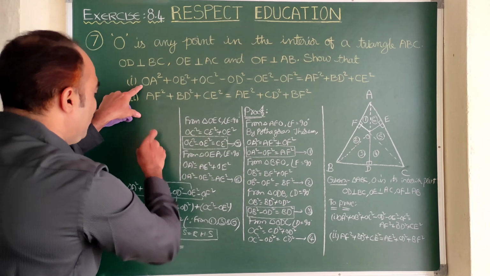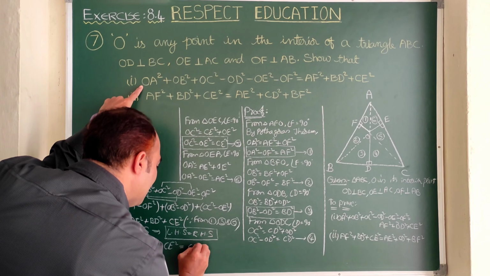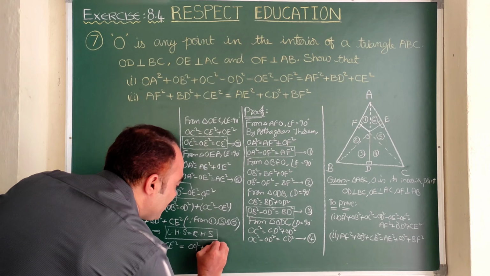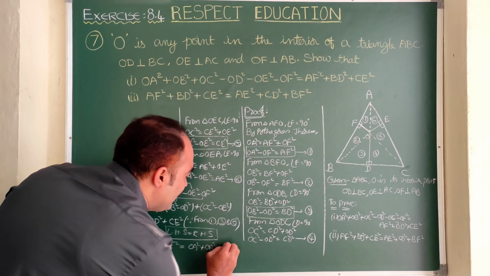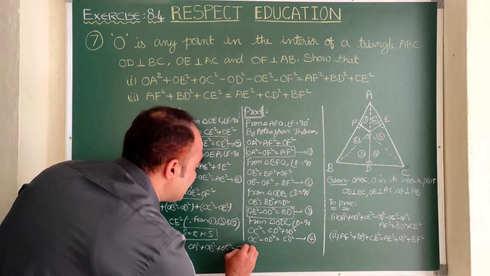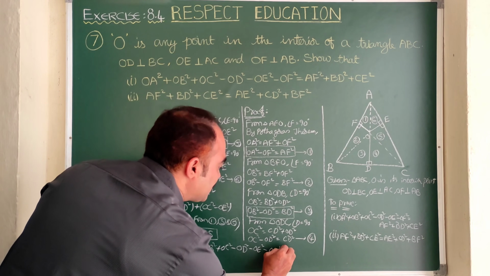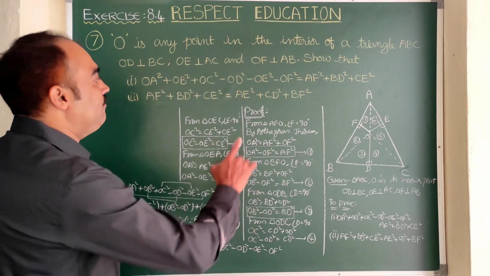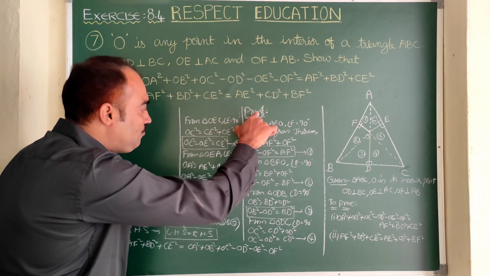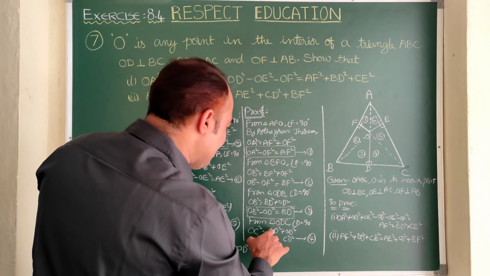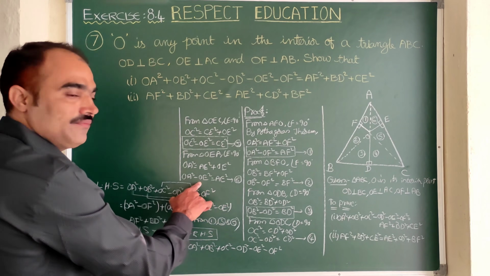Here we get OA square. It is already equal to OA square plus OB square plus OC square minus OD square minus OE square minus OF square. Here you understand, we need AE square. Here you find out in the list where is AE square. Here AE square, second one, fourth one, here sixth one.